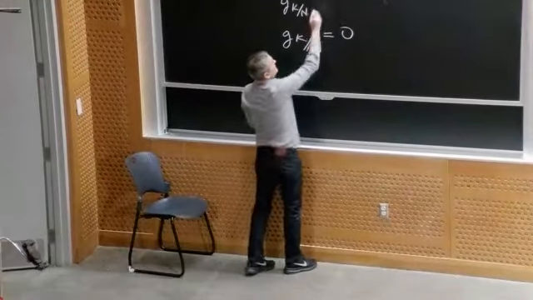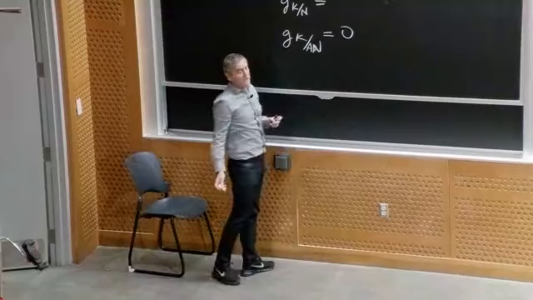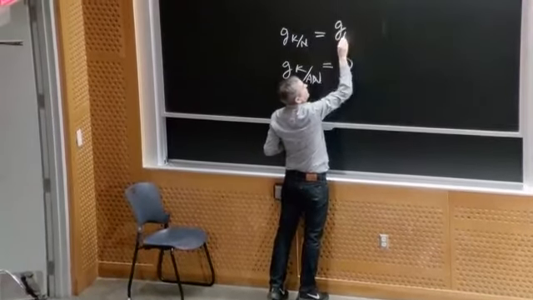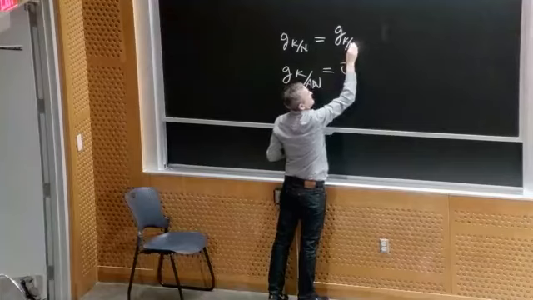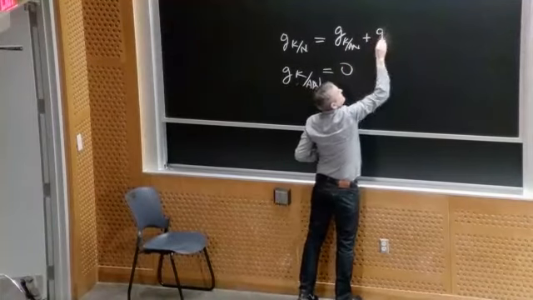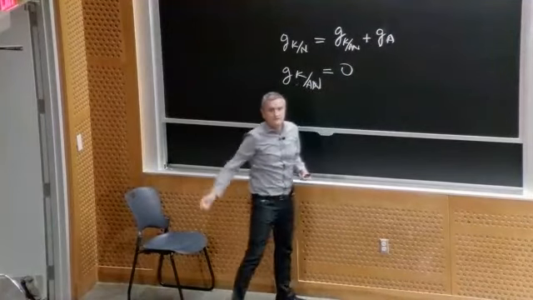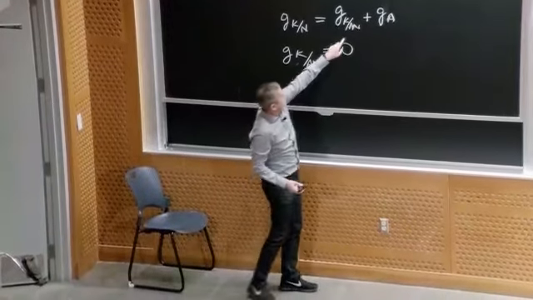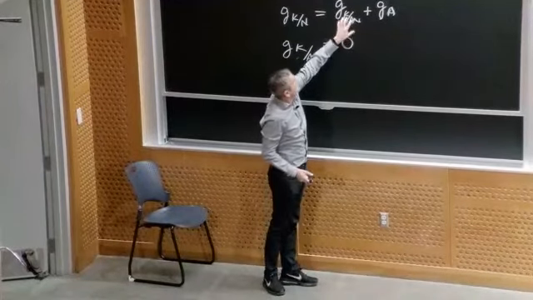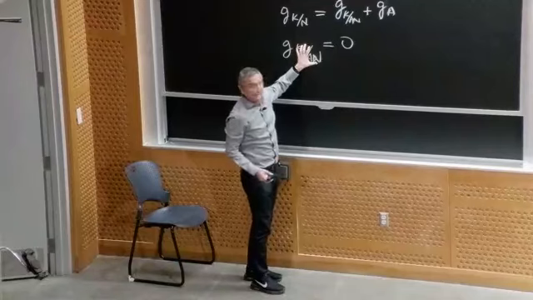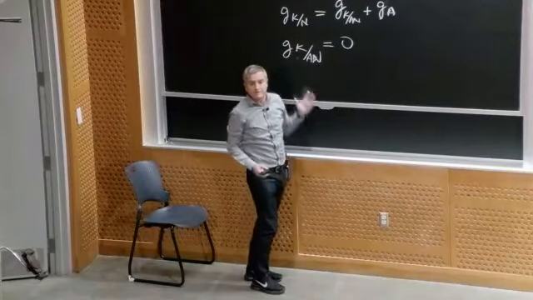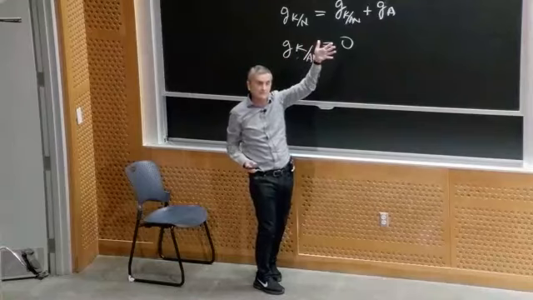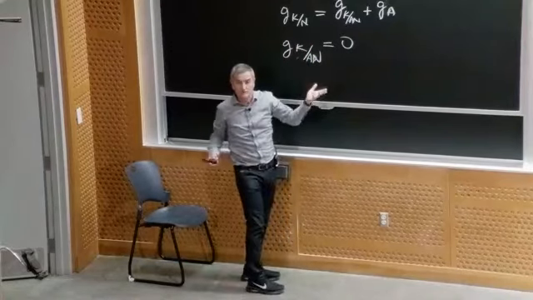Well, the rate of growth of K over N is the rate of growth of K over AN plus the rate of growth of A. I mean, if A is growing and this ratio is constant, that means that K over N must be growing. And it has to be growing at exactly the same rate as A is growing.